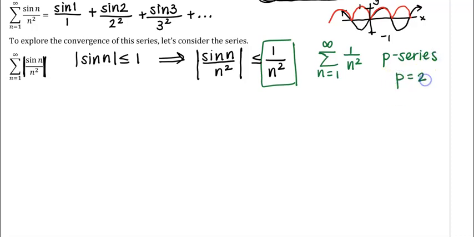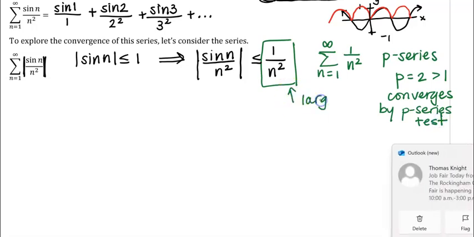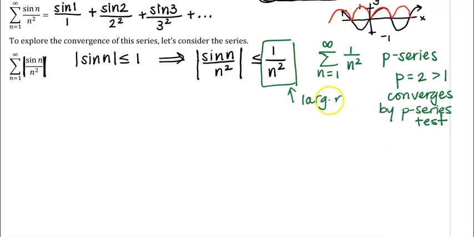P is equal to 2, which is greater than 1, and so this series converges by the p-series test. So we have found a larger convergent series.